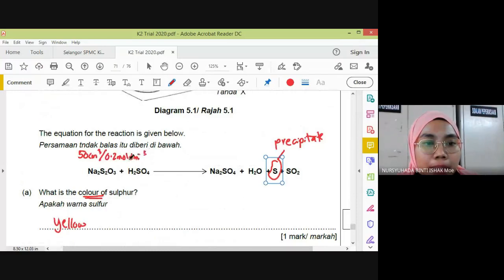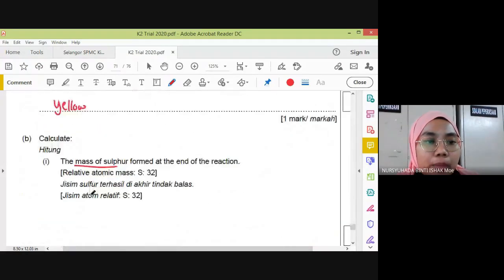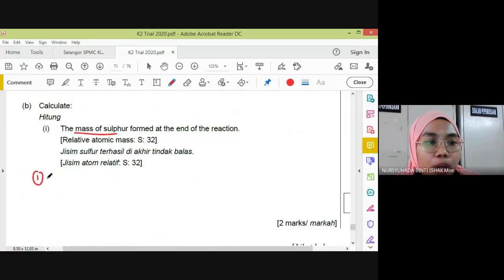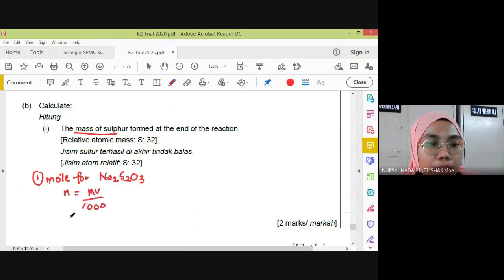First step kita nak buat apa? Kita cari mole of sodium thiosulfate using n equals to MV over 1000.